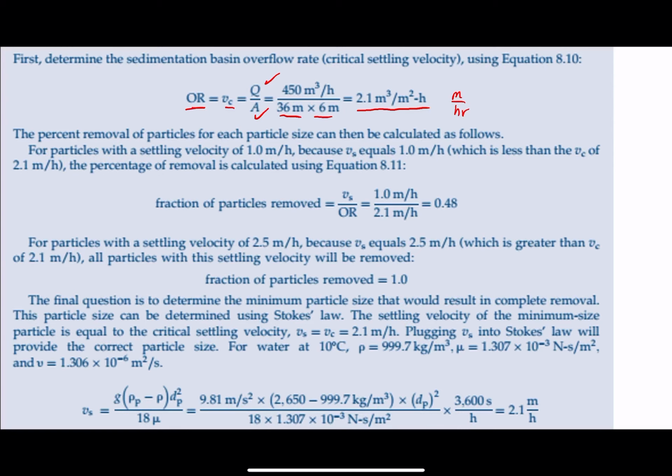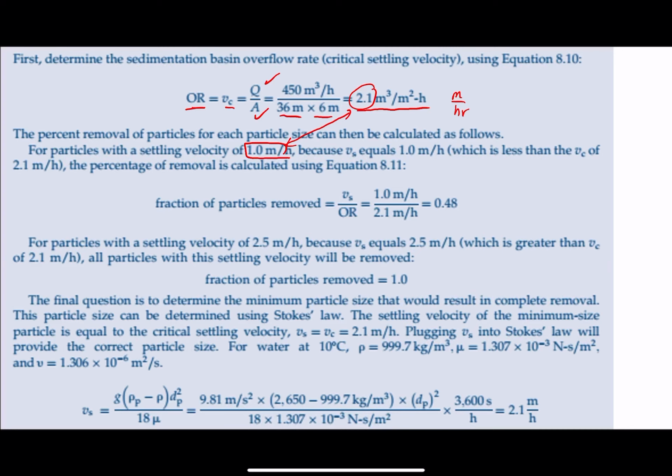Now, we can compare this with Vs for the first particle and the second particle. The particles with a settling velocity of 1 meter per hour, compared to 2.1. Vs of this particle is smaller than 2.1. Okay?